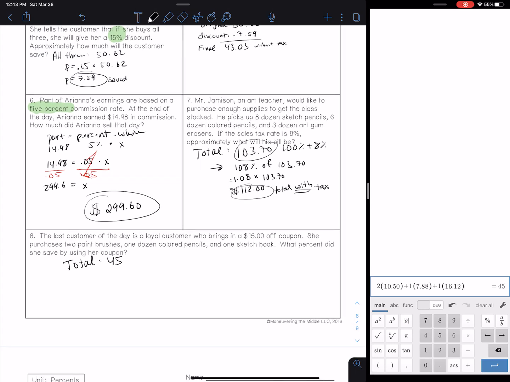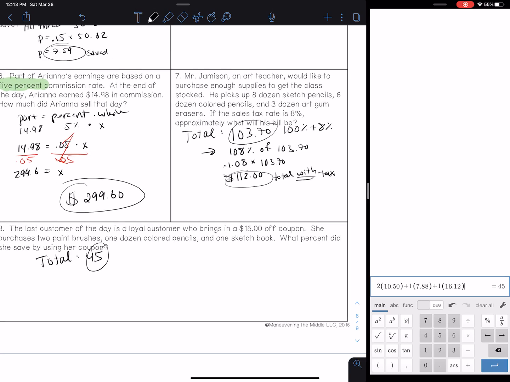Okay. Now, what percent did she save by using her coupon? Well, this right here is the whole. Now, she gets $15 off, so we're trying to figure out how much she saved when she used her coupon.